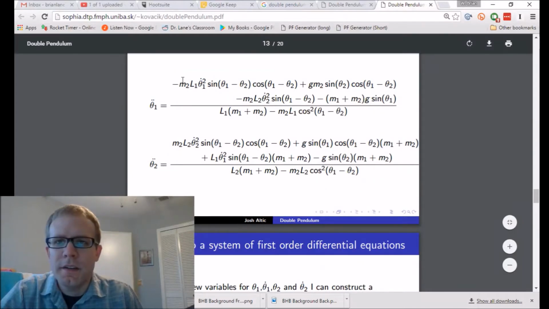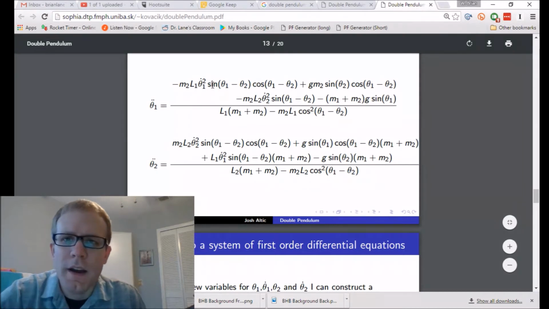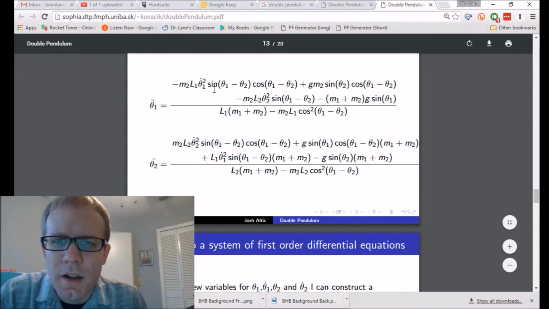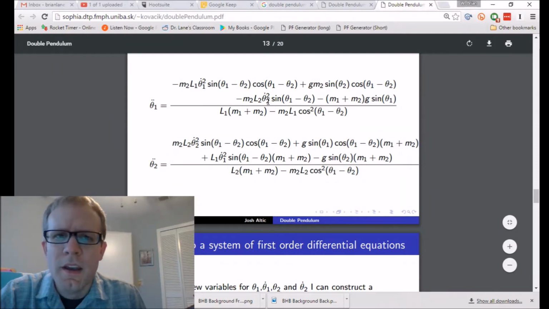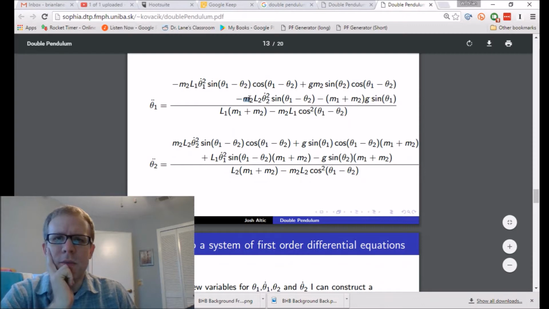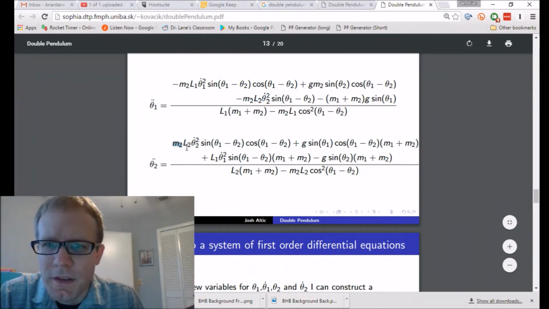I see it's got M, L, and theta 1 dot squared a few times. But I'm wondering if that occurs frequently enough to worry about it. M2, L2, theta dot 2 squared. Now I'm a little bit curious as to whether, because this is the same thing as this here, and this one doesn't match that one down there.